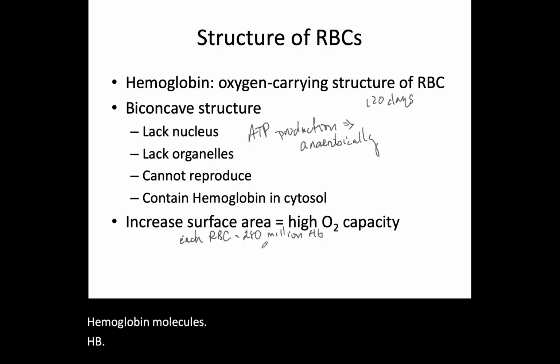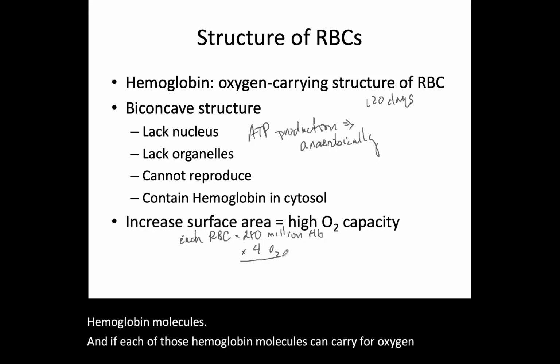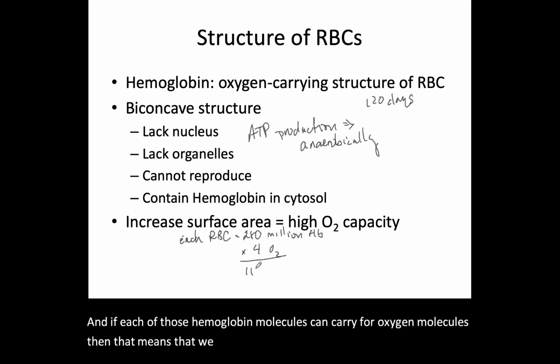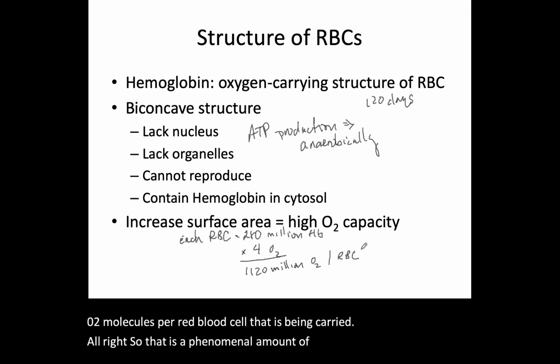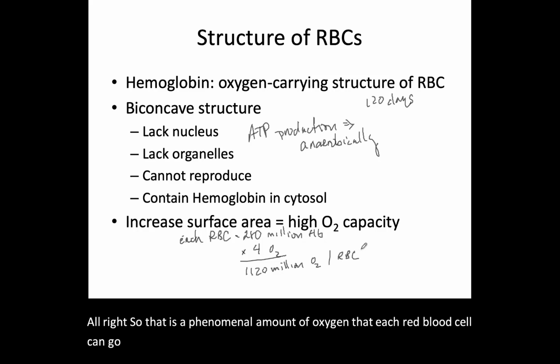And if each of those hemoglobin molecules can carry 4 oxygen molecules, then that means we have 1,120 million O2 molecules per red blood cell that is being carried. All right. And so that is a phenomenal amount of oxygen that each red blood cell can carry.